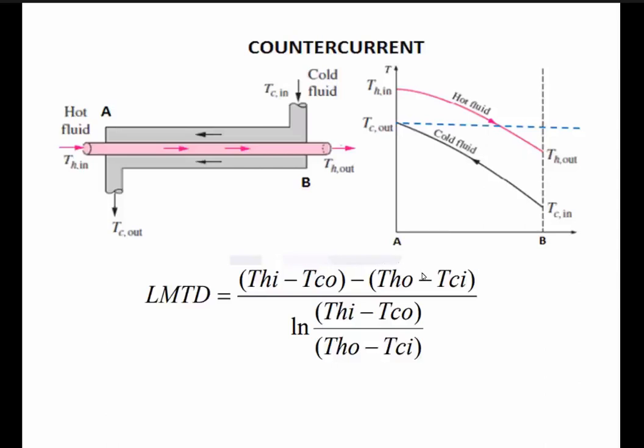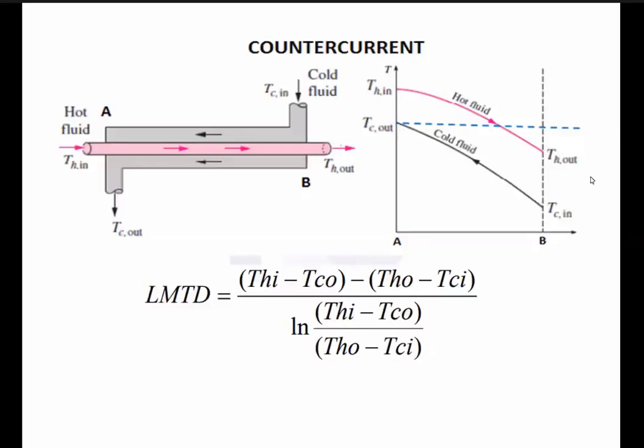That is why I said when you see co-current or counter current, put a graph. Once you put the graph, it is very simple because you need to know the difference, delta T, in and out. So for counter current: hot fluid temperature in minus cold fluid temperature out, minus hot fluid temperature out minus cold fluid temperature in, divided by ln of hot fluid temperature in minus cold fluid temperature out, divided by hot fluid temperature out minus cold fluid temperature in.